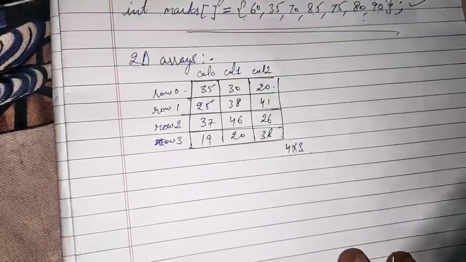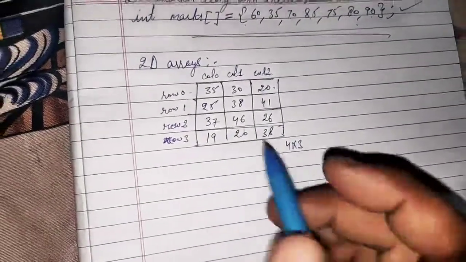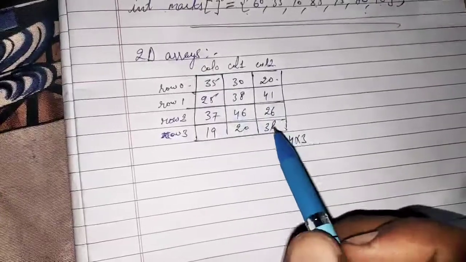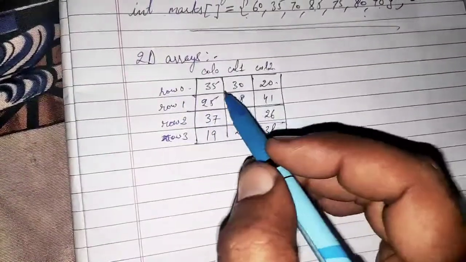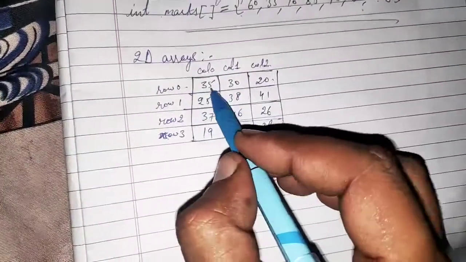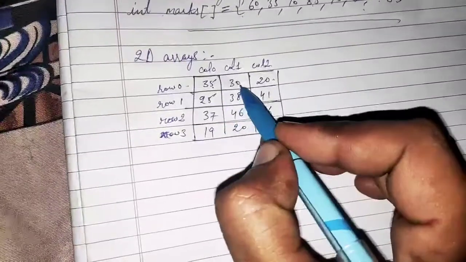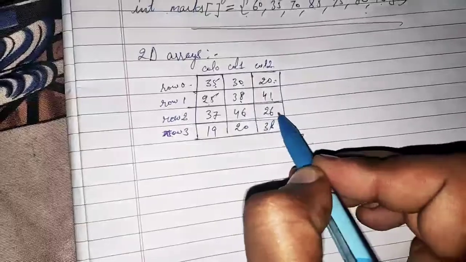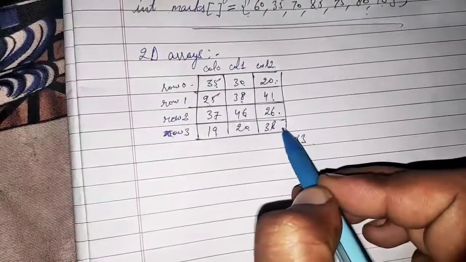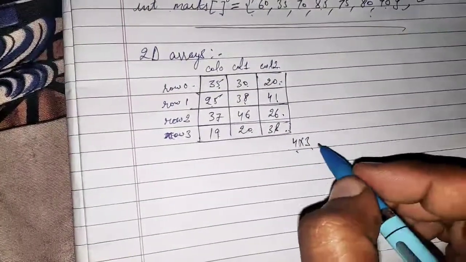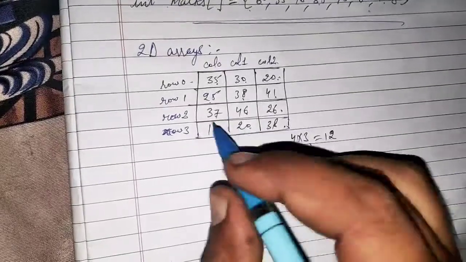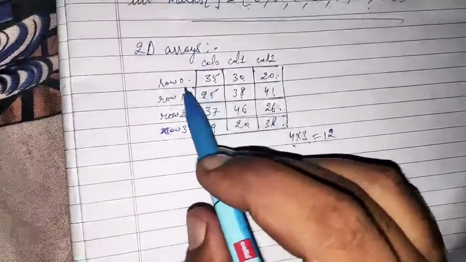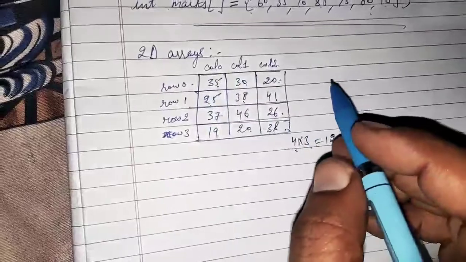So these elements are stored in a matrix, row and column wise. The first element is this, second, third, fourth, fifth, sixth, seventh, eighth, ninth, 10th, 11th, and 12th. So 4 into 3, 12 elements are stored in matrix form, into row and column format.